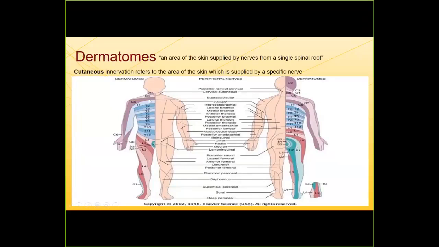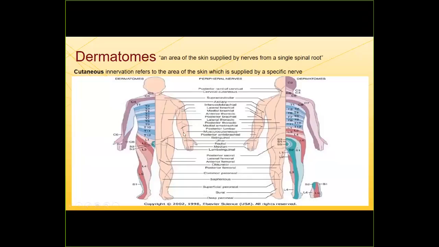And so the cutaneous innervation patterns of the spinal nerves are broader, longer, and more easily defined. Okay? So when a person has a spinal cord injury or a spinal nerve root injury, the cutaneous changes that they're going to experience are going to be in a dermatome, okay, not necessarily in a cutaneous innervation pattern.